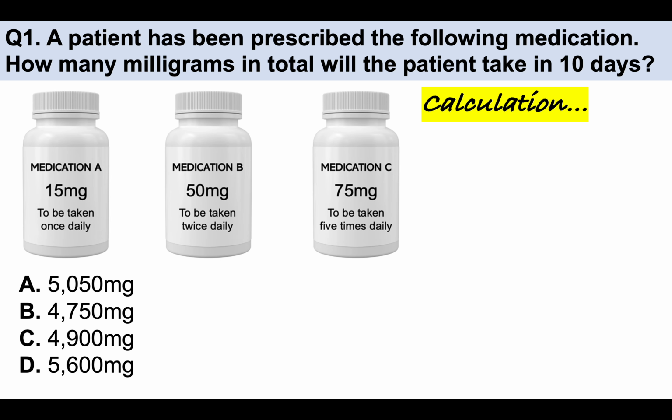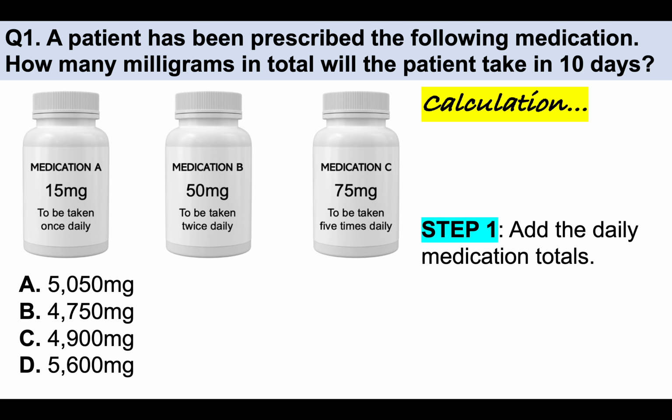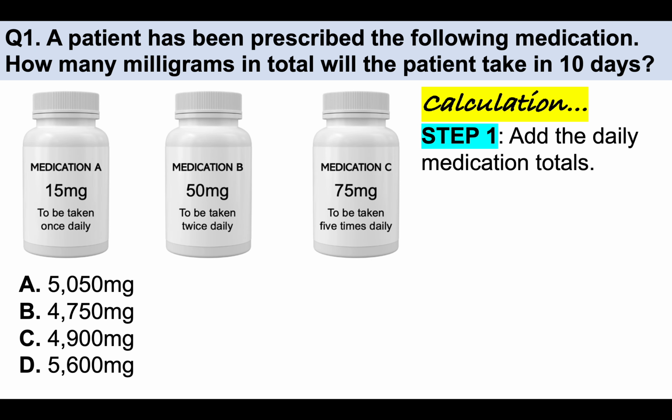So how do we tackle this question? Well, upon first inspection, it seems really easy to calculate. However, don't get caught out. Step 1, add the daily medication totals. The important thing is to make sure you read the information on each of the bottles. Medication A, 15 milligrams to be taken once daily.